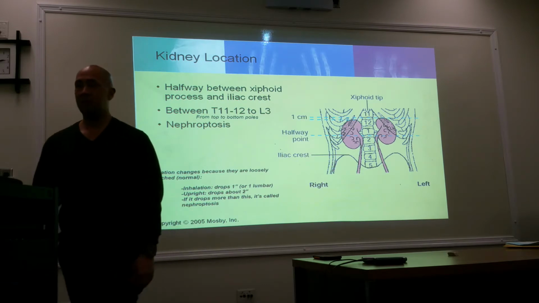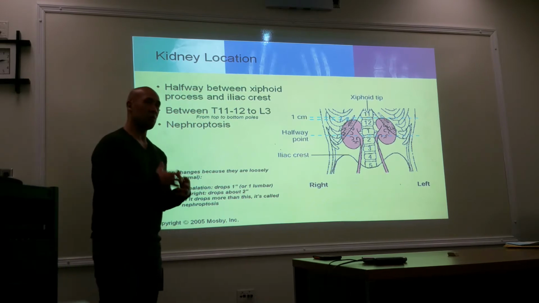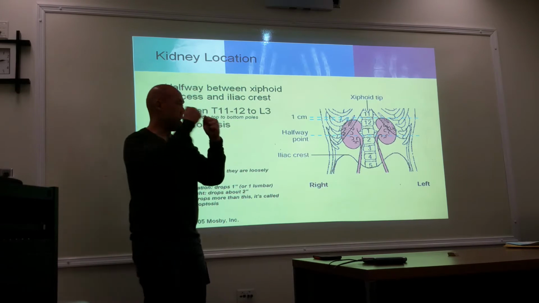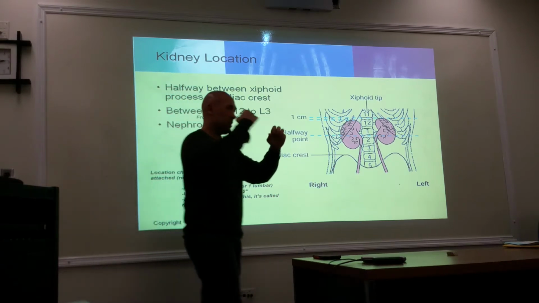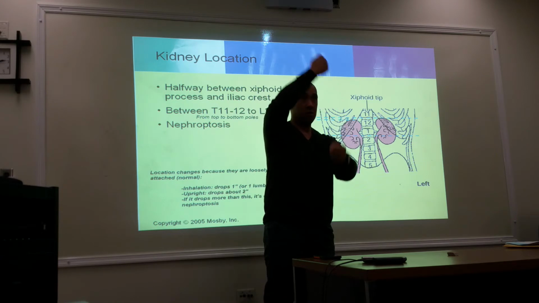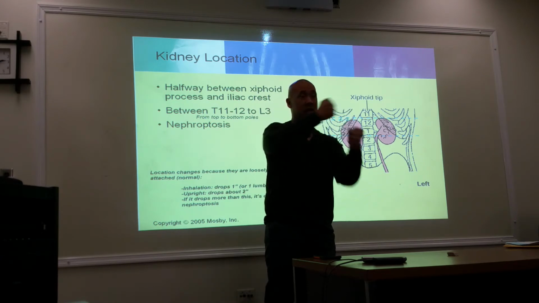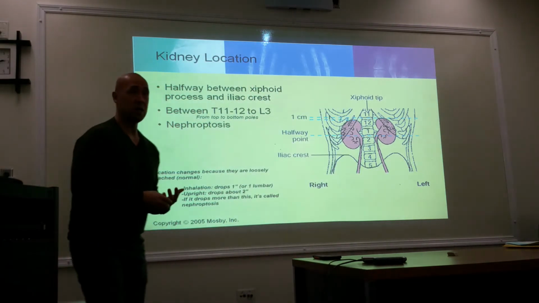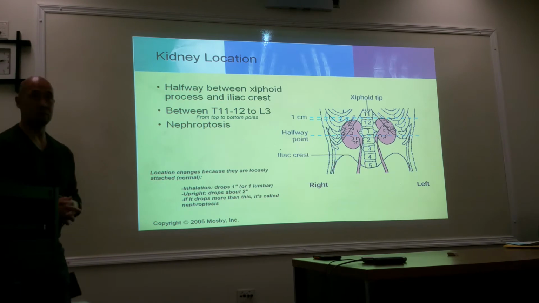Now, the problem with nephroptosis, again, if the kidneys drop more than 2 inches, the ureters are no longer straight, so they'll tend to sag, causing twisting, and that might cause an occlusion of urine. So that can cause some problems of backup of the plumbing.